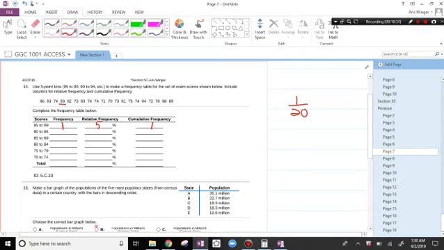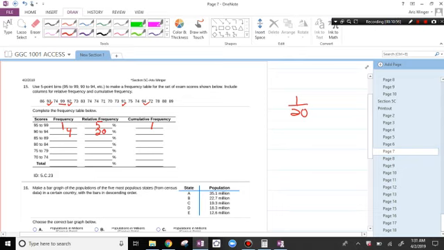From 90 to 94 looks like 1, 2, 3, 4. So that's 4. 4 out of 20 is 1 out of 5, which is 20%.